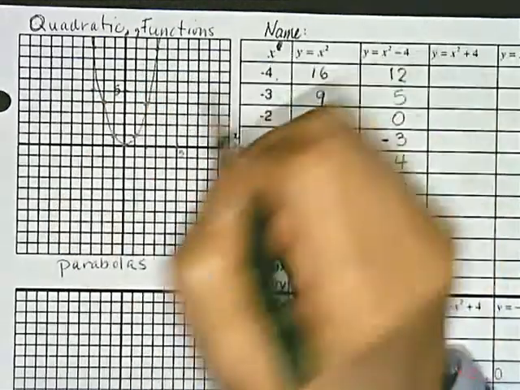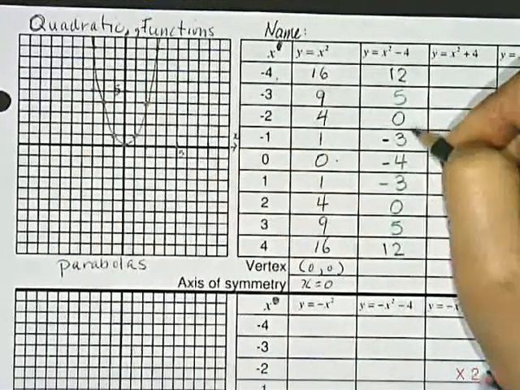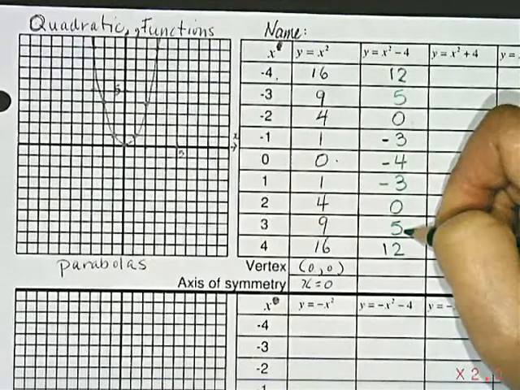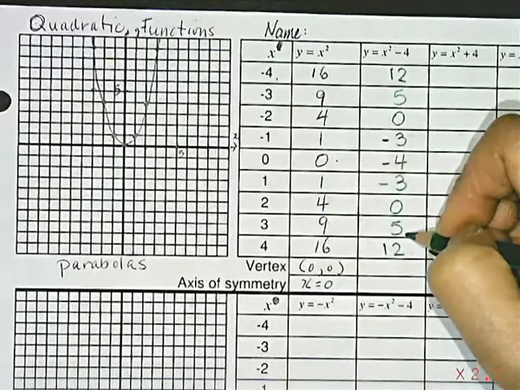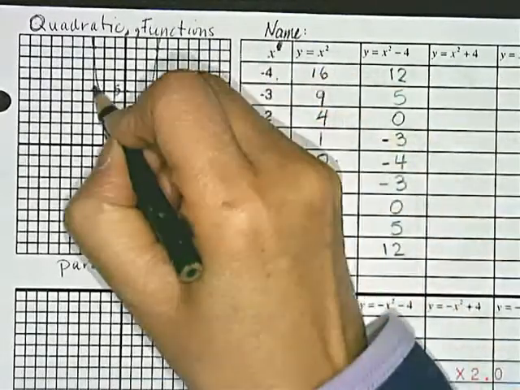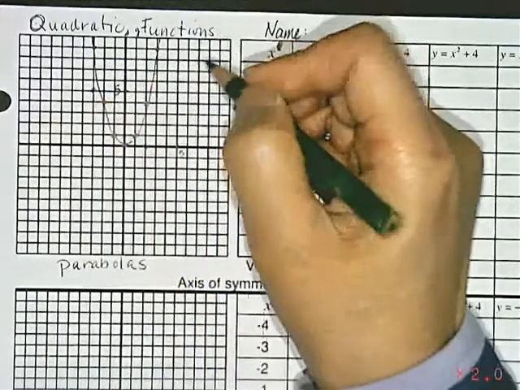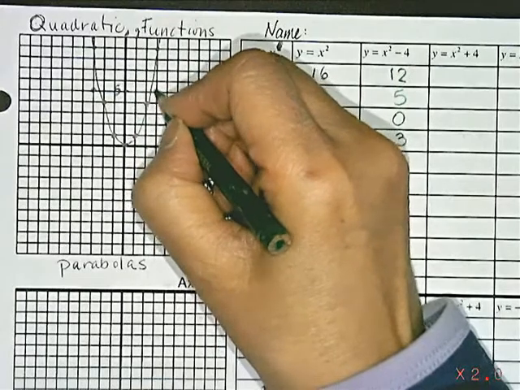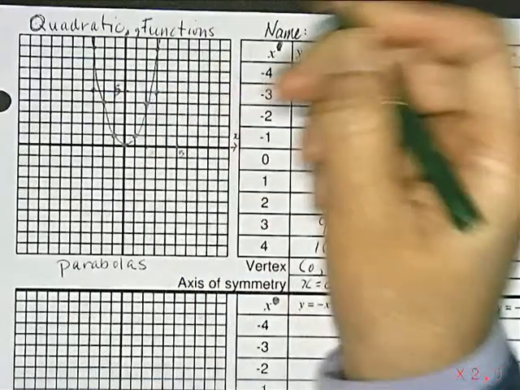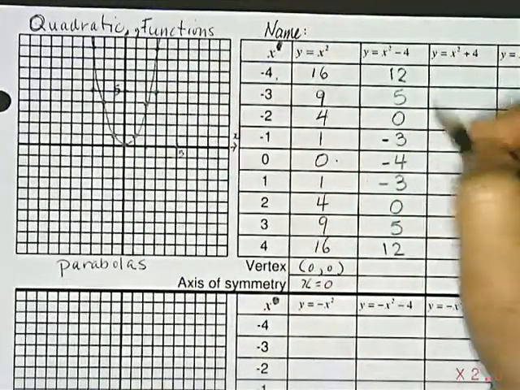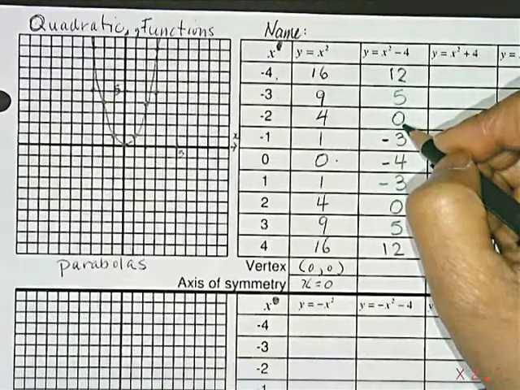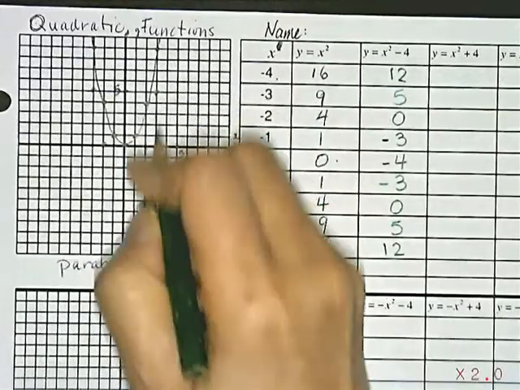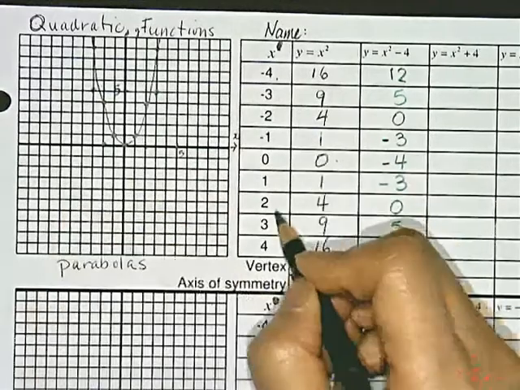And then notice, because of the symmetry, x is positive 3, it's also at 5. Then I'm looking at negative 2, 0, and positive 2 will also be 0.